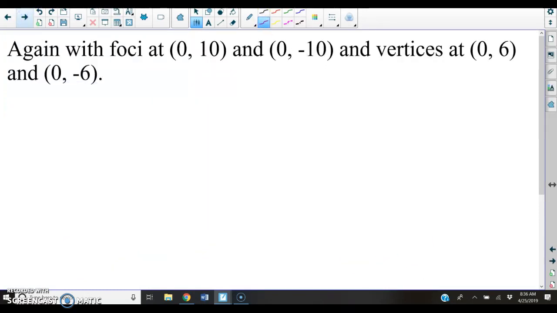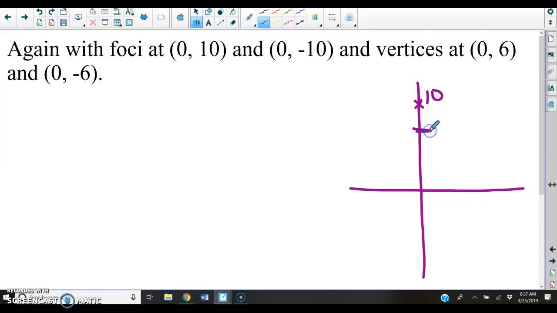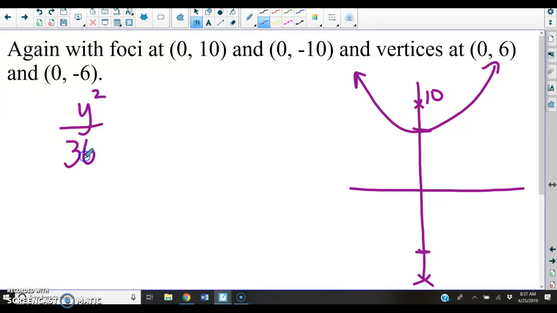Okay. Well, what did I do to you here? Okay, this time, my focus points are on the y-axis. So I'm here at 10, and my vertices are at 6 and negative 6. So this time my hyperbola is going to go like this. So this time it's y squared over 36 minus x squared over something equals 1.